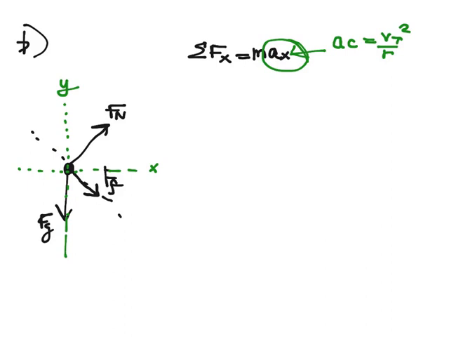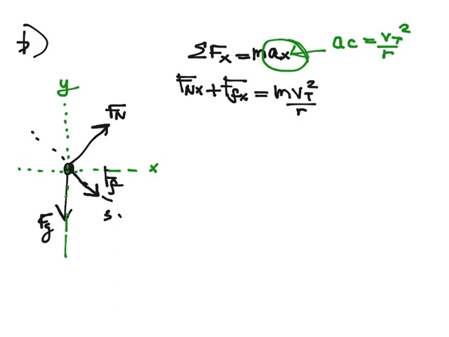Now in our x direction we have Fnx plus Ffx is equal to m ax, which is m vt squared divided by r.